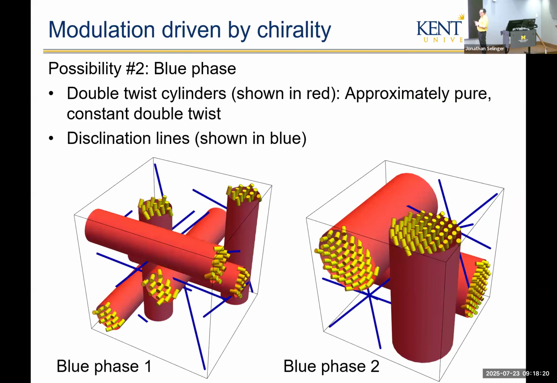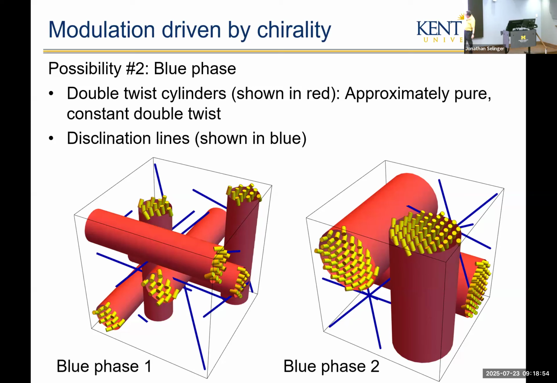Okay. Another possibility, somewhat less common, is for the liquid crystal to form a blue phase. So a blue phase is a more complicated sort of structure where the director field makes tubes with approximately pure double twist. So that's this configuration like that all around. Okay. And it can be approximately pure double twist in some cylinder that's not too wide.